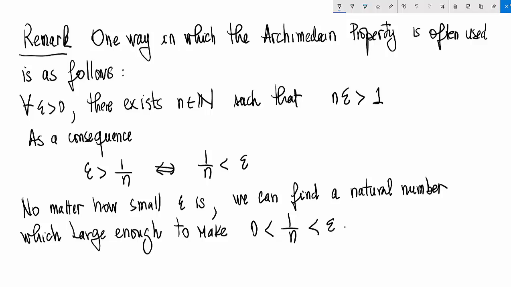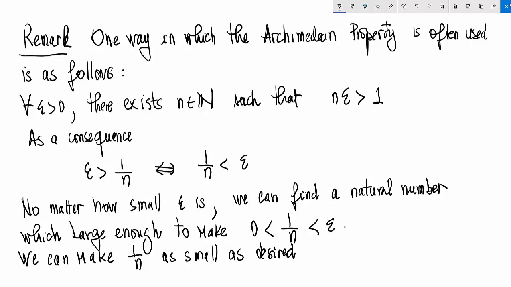So in other words, we can make 1 over n as small as desired, provided that n is sufficiently large. This is really important. We can make 1 over n as small as desired, provided that n is sufficiently large.